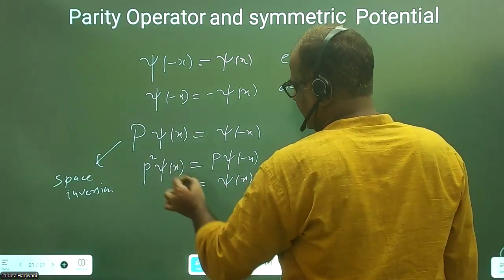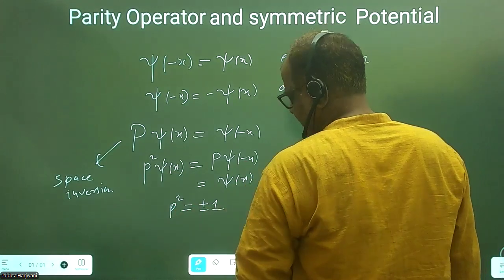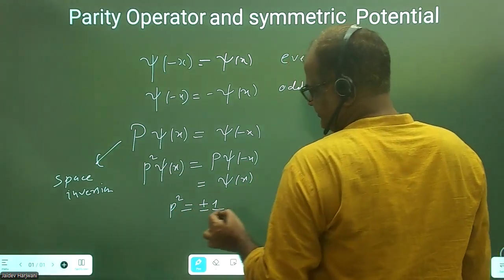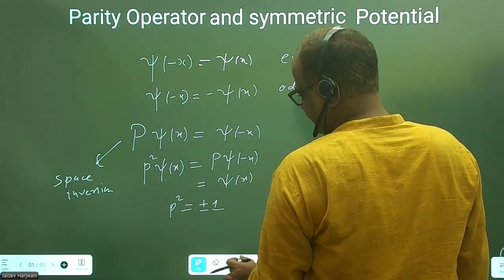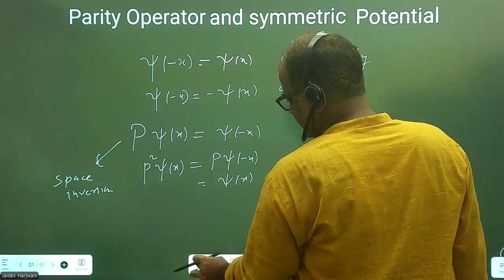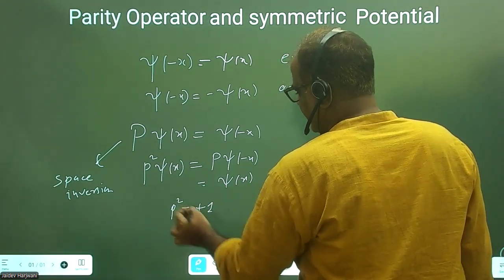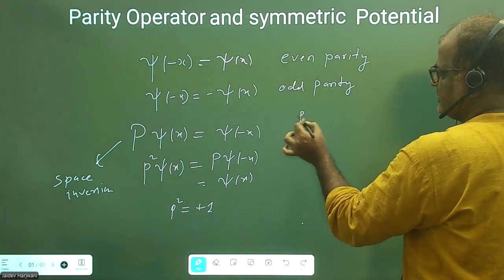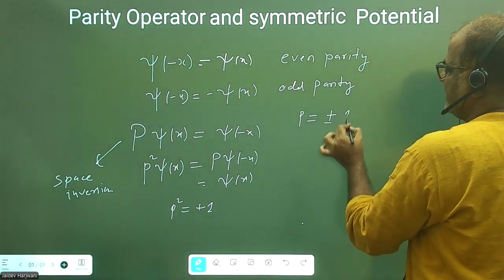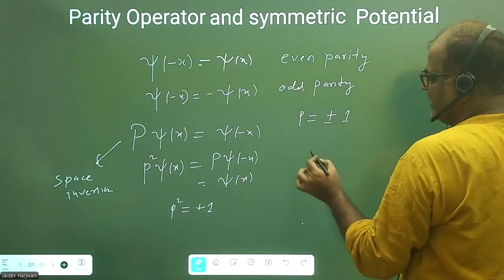So from here, P squared is 1, and P is plus or minus 1. That means the parity operator has eigenvalues plus 1 and minus 1.